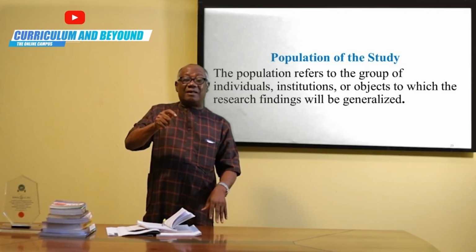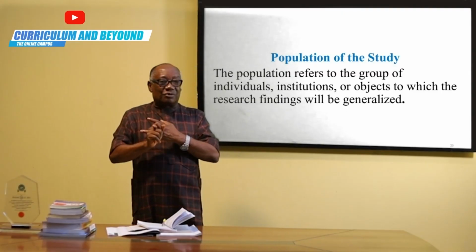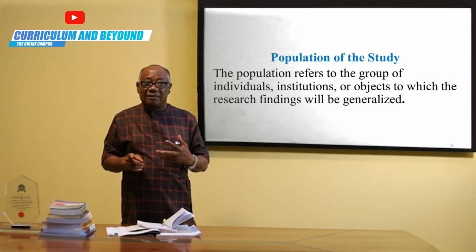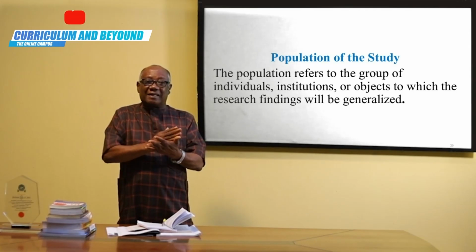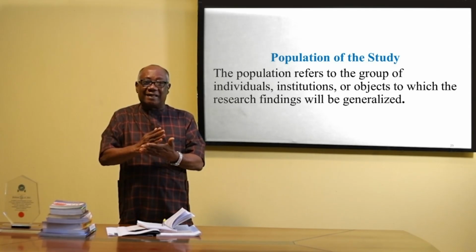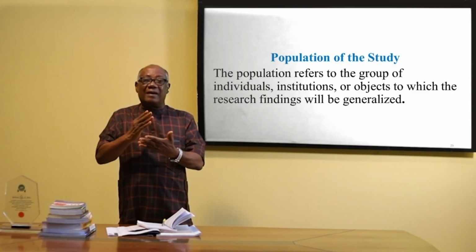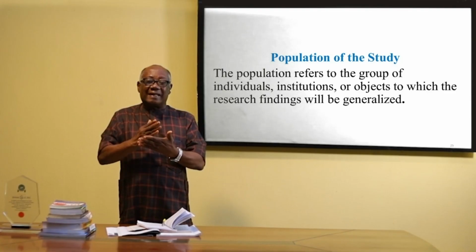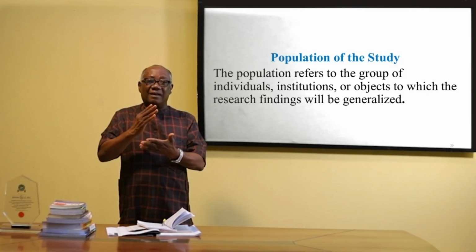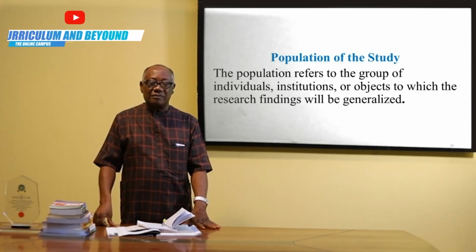Now, for SS3 students, you are not justifying your population. SS3 students are used because they have studied biology in SS1, SS2, and SS3, and they are capable of answering questions that are used in measuring learning outcome in biology.